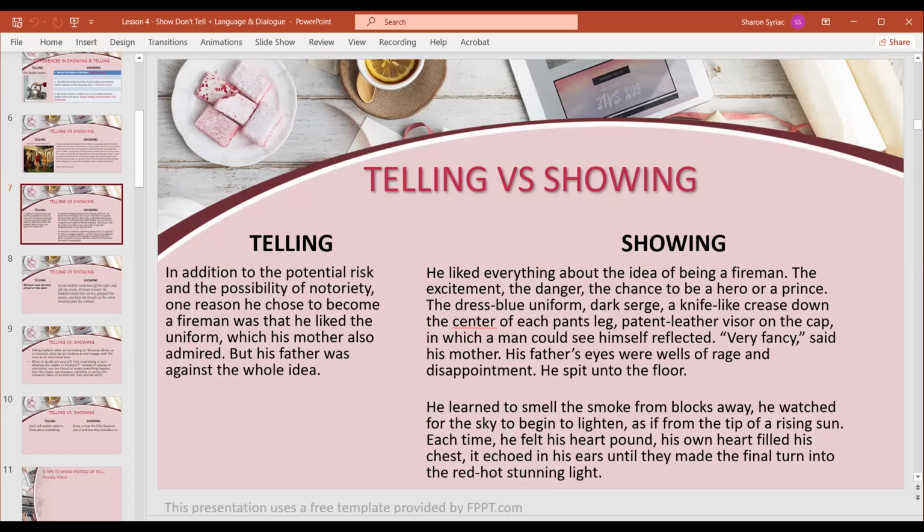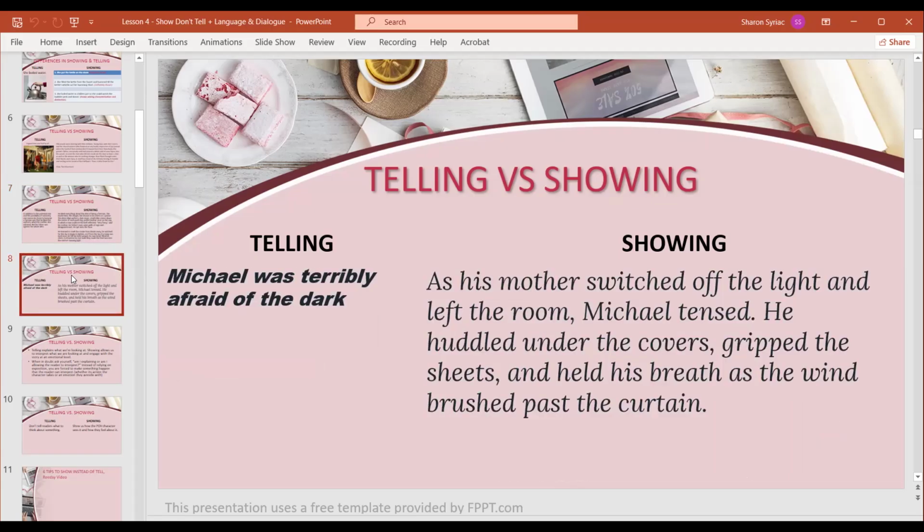So you're seeing here sight, there is the use of smell, sound, it echoed in his ears. Notice that when you're showing, you must use the five senses. You may not be able to use all five of them at once, but again, I think this is the final example I have for you.